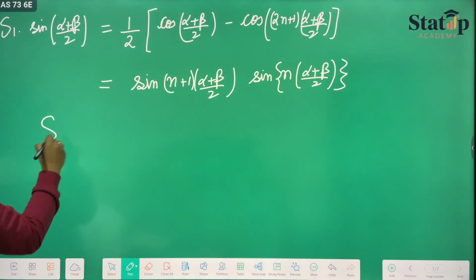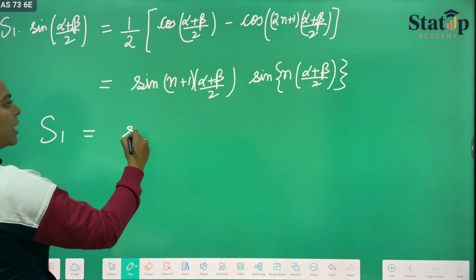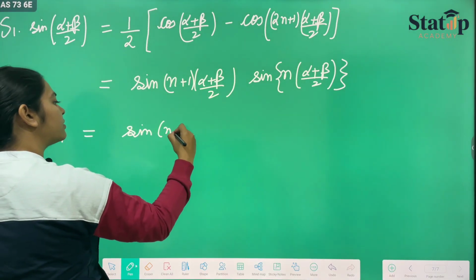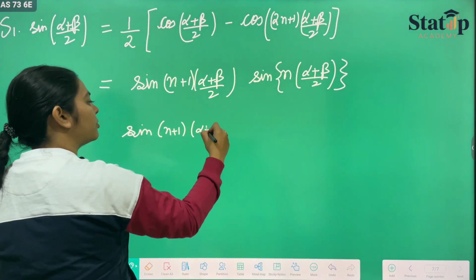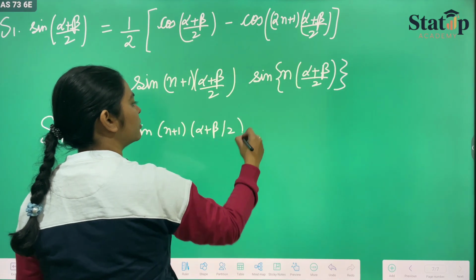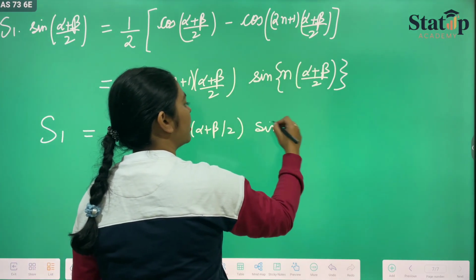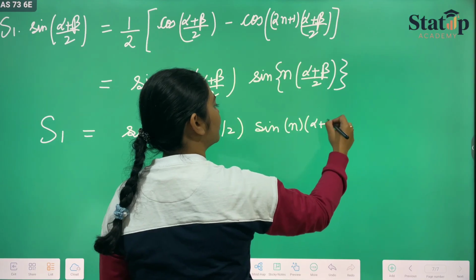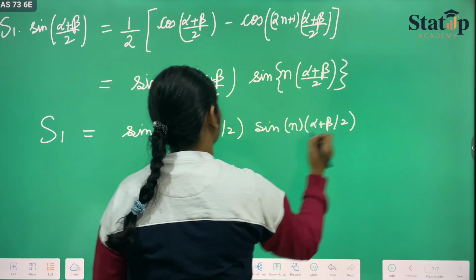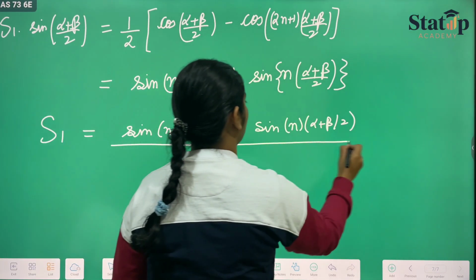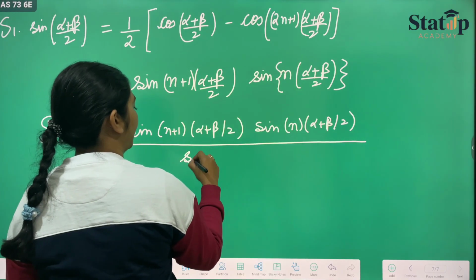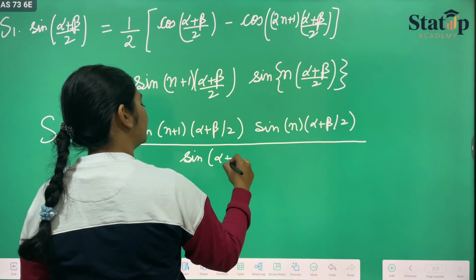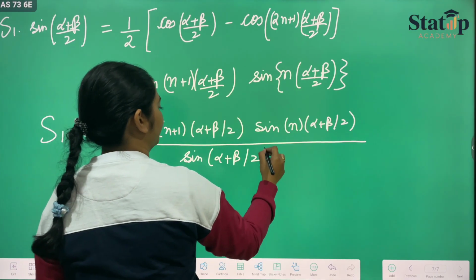Now the value of S1 would be sine (n plus 1)(alpha plus beta)/2 sine n (alpha plus beta)/2 upon sine (alpha plus beta)/2.